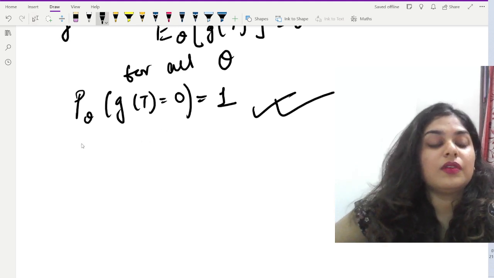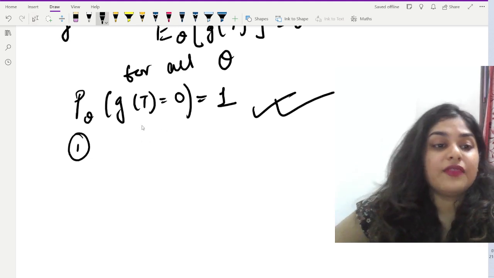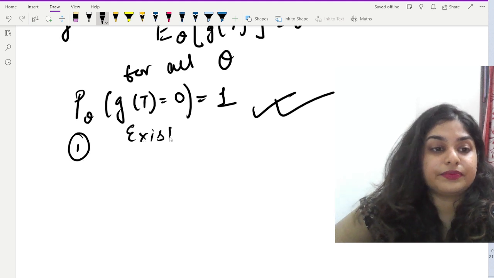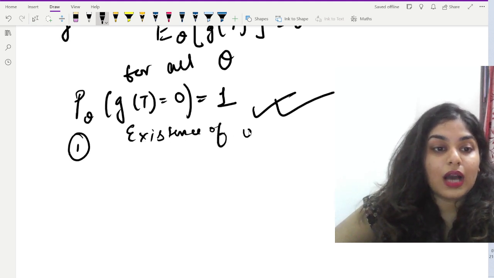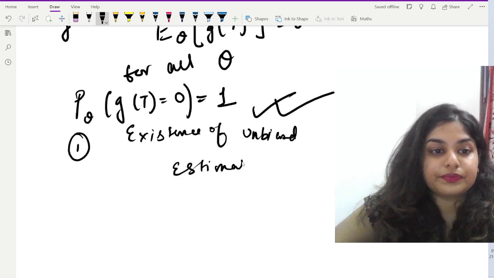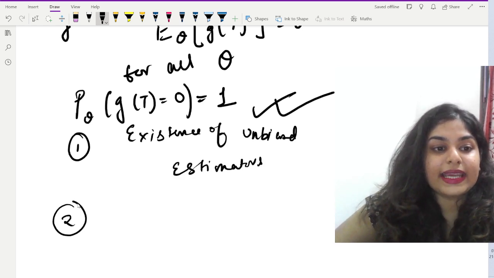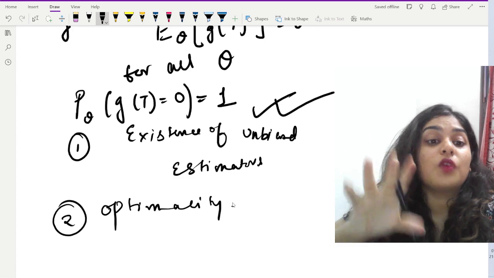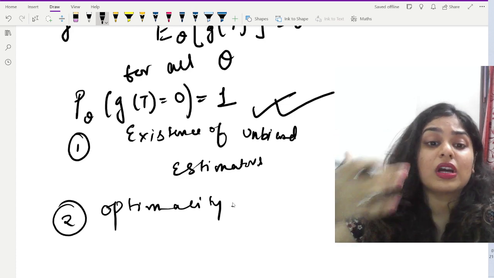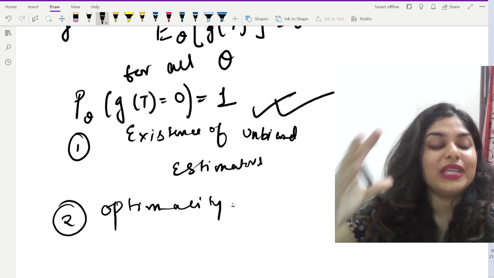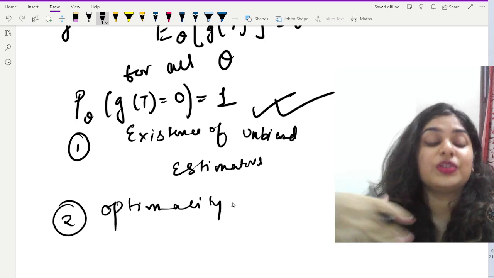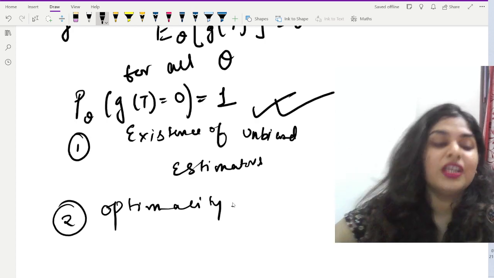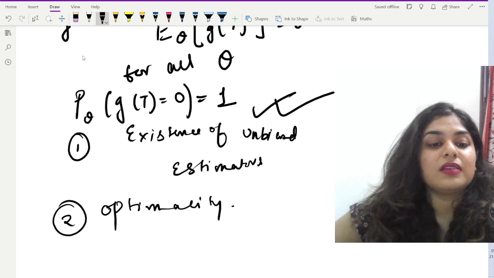So let's write down the first significance: existence of unbiased estimators, and second one is optimality. Now by optimality we mean what? Completeness along with sufficiency. It helps in the construction of the uniformly minimum variance unbiased estimator, which is our UMVUE, right?